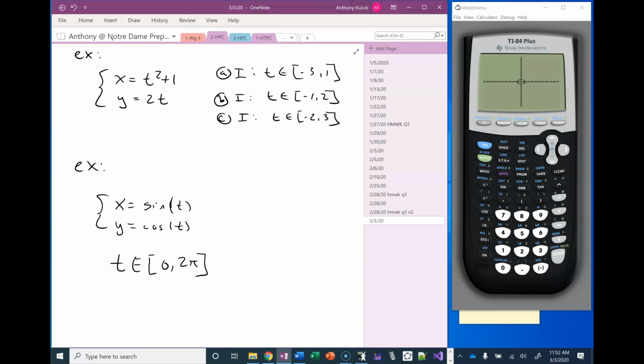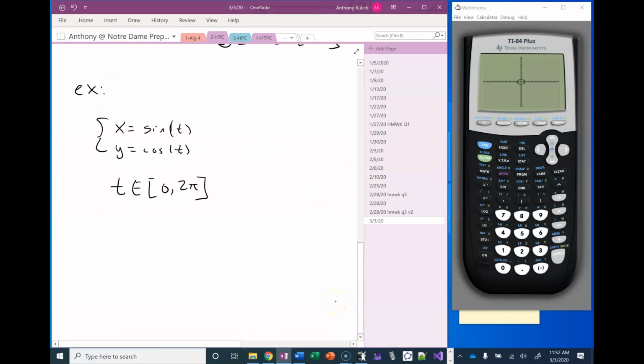We feel okay about the vocabulary involved when we talk about parameters and intervals and all this? Okay. So let's next look at how we convert from parametric form to Cartesian form.